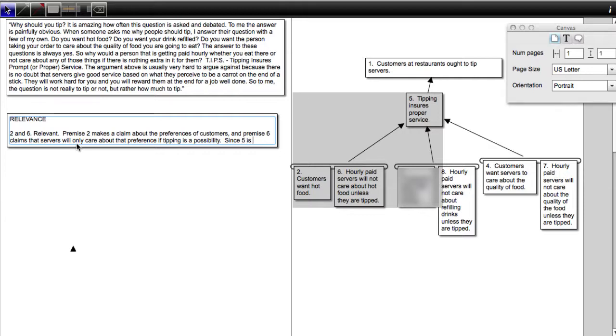Since 5 is about tipping and its positive effect on service in general, and premise 2 is about one element of service, then 2 and 6 are relevant.